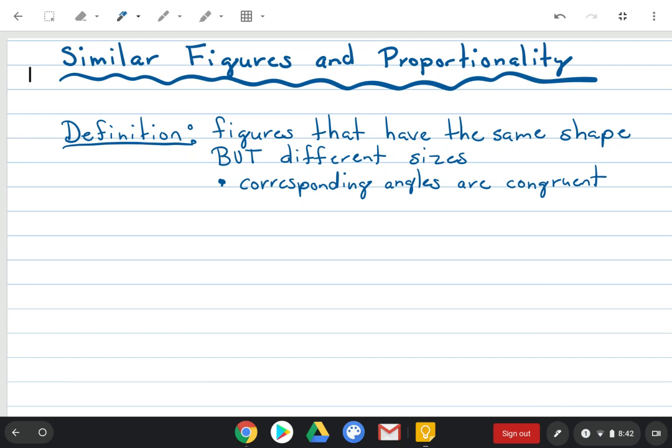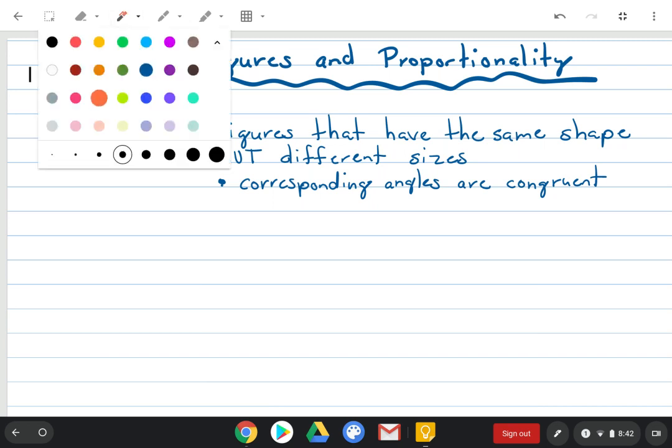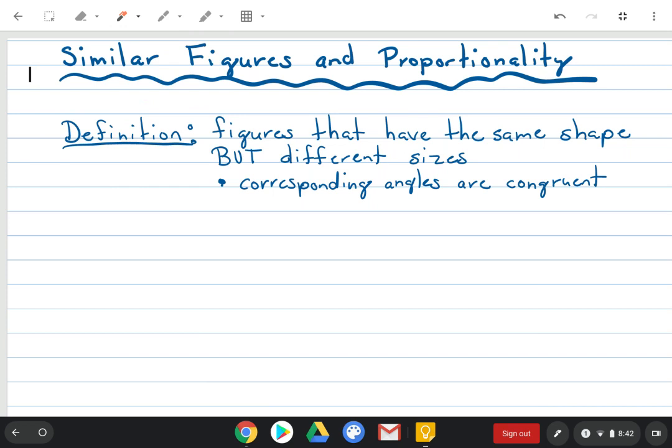And just in case you don't know what corresponding means, let me go ahead and write that in. Corresponding means having the same position, okay? So angles that have the same position in two different figures.